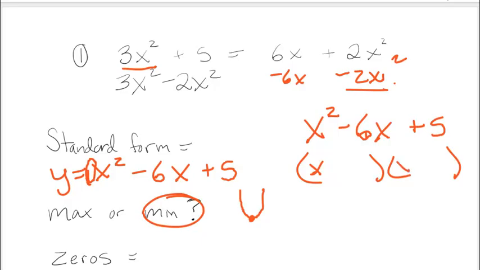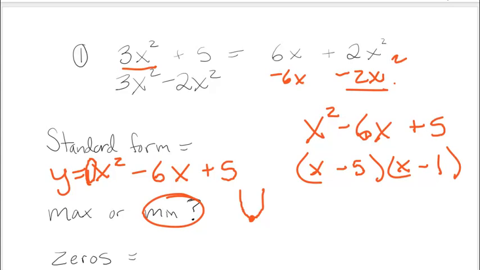And we really don't have a lot of options for multiplying to get 5. It's just 5 and 1, but it's a matter of what signs will I have. Well, if I do a -5 and a -1, when I multiply those, I am going to get a positive, and when I add them, I am going to get the -6. So this would be the correct way to factor it.